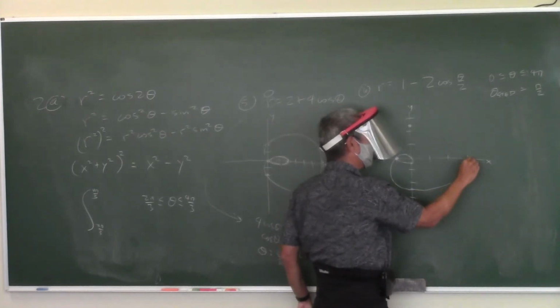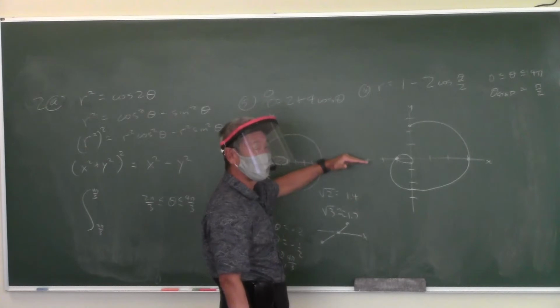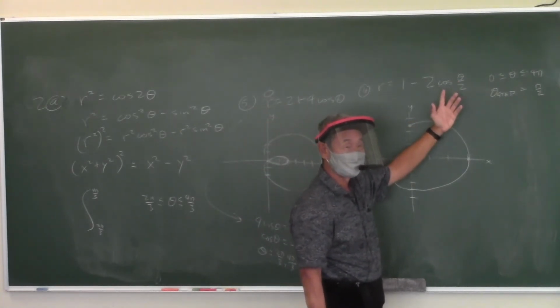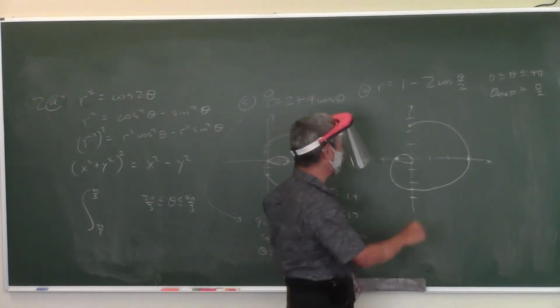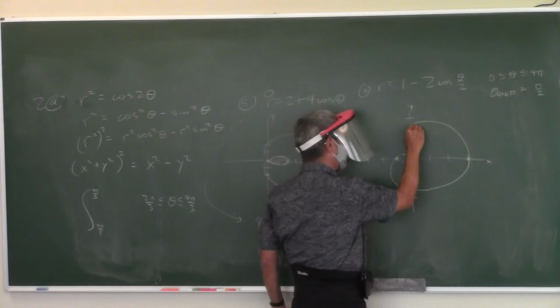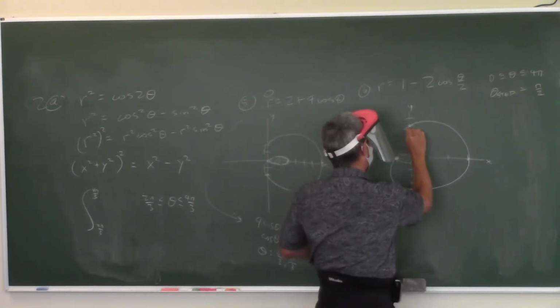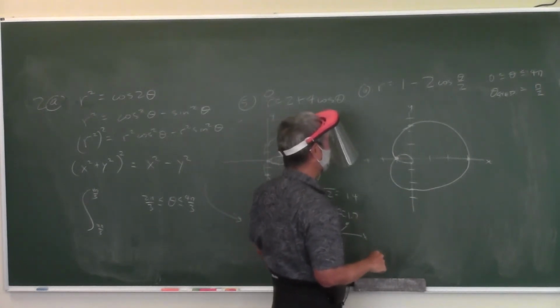So it goes from 3 to 2.4. Okay, now we're at 3 pi. Easy. 3 pi over 2 cosine. 0. 1 minus 0 is 1. So it's going to go from 1.4 to 1. Something like that.